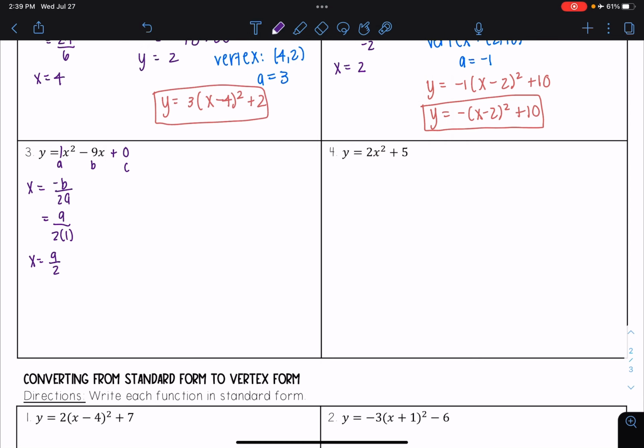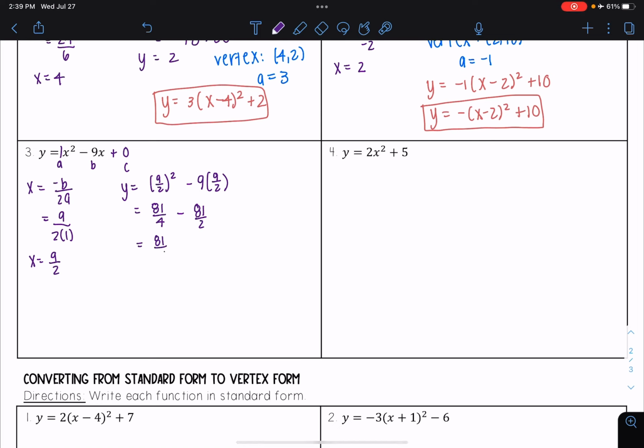Now to find my y value, I'm going to go ahead and plug that back in. So I have x squared, so 9/2 squared minus 9 times 9/2. 9/2 squared, that's the same thing as 9/2 times 9/2, which is 81/4, minus 9 times 9/2, which is 81/2. Here you might want to go ahead and change this to be in the same denominator.